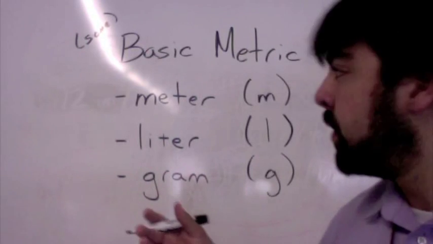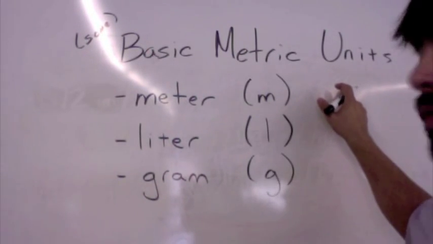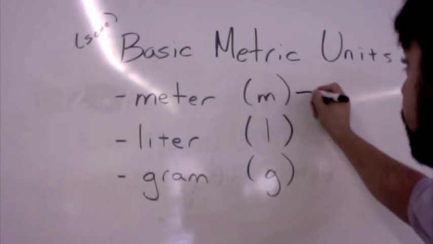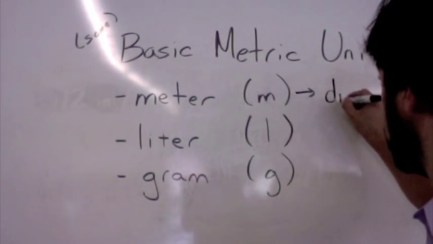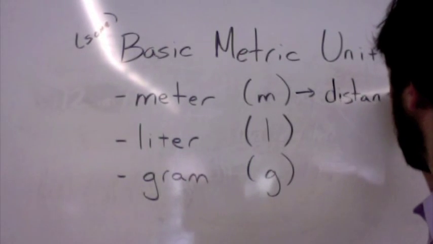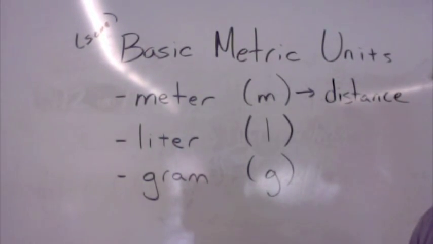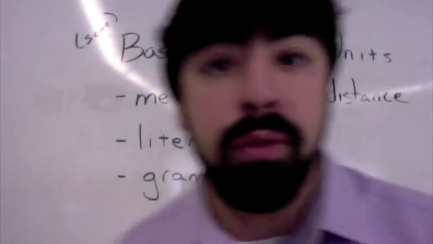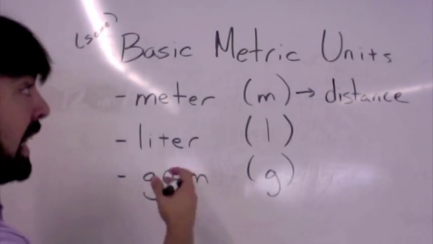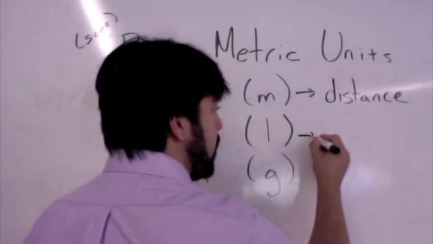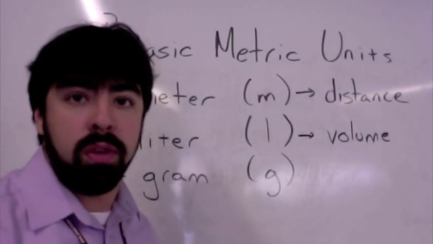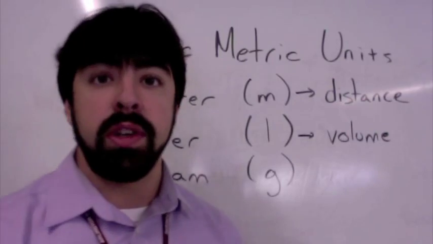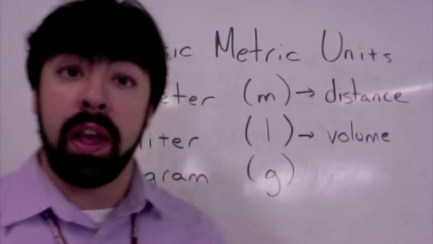Thinking. All right, meter first off. What is the meter going to measure? The meter measures distance. Length. How long something's going to be, how far. The liter is going to measure volume, how much space something is going to occupy. Used a lot with liquids.